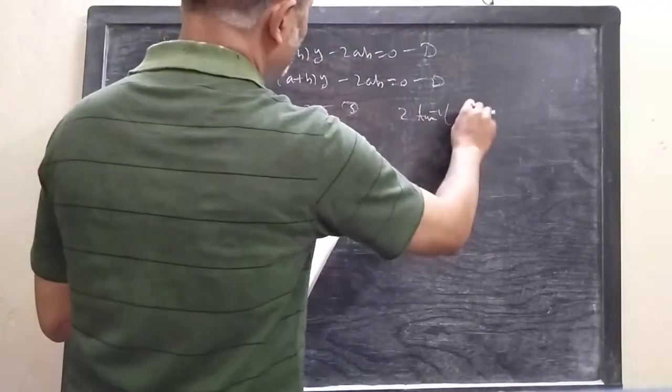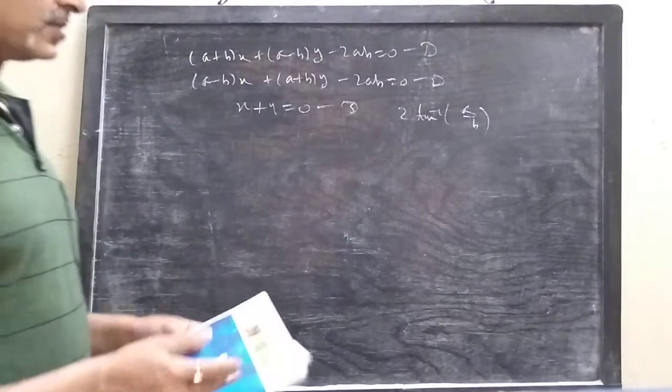Here vertical angle means the angle between the equal sides.